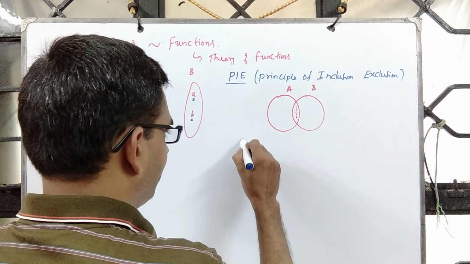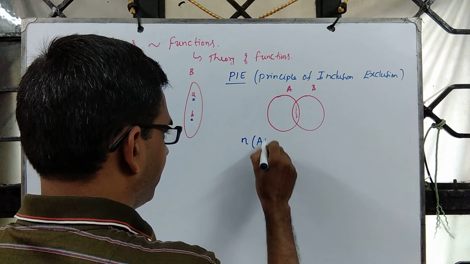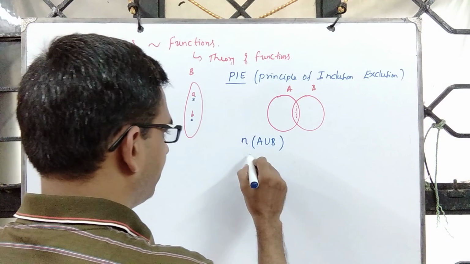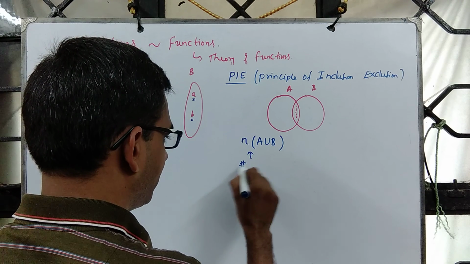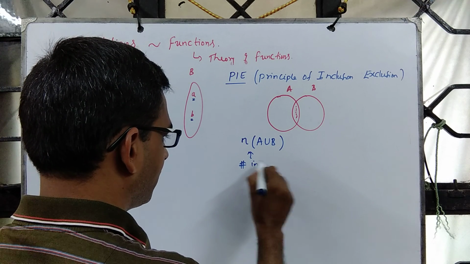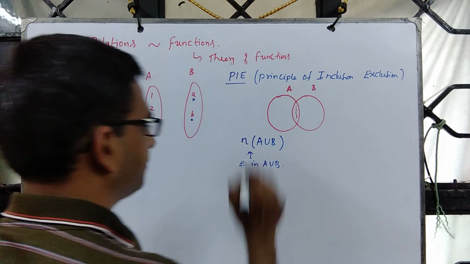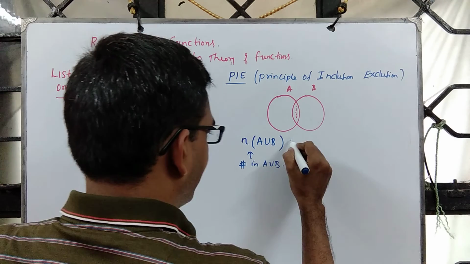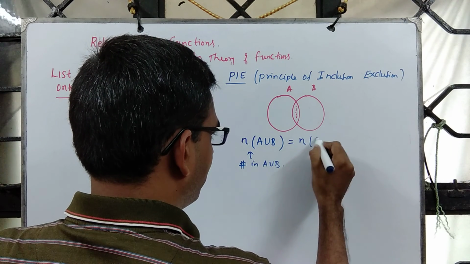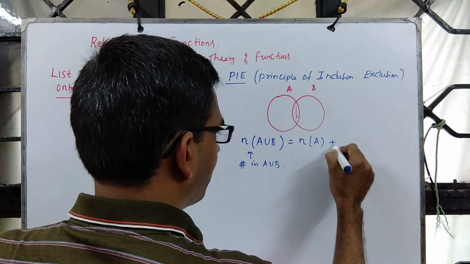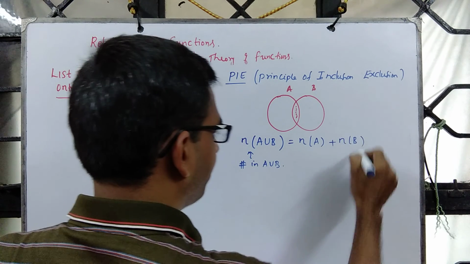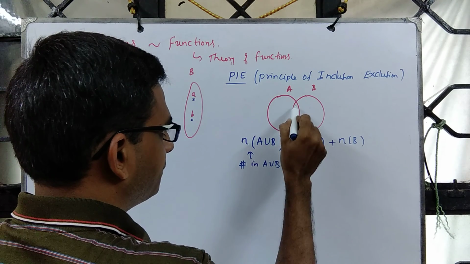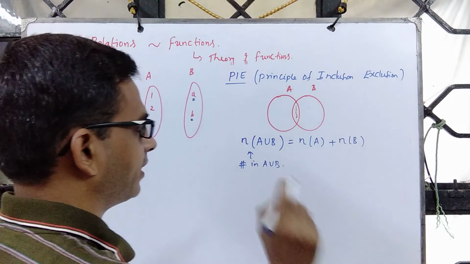So the way we count the set A union B: n of A union B represents the number of elements in A union B. We say that this is precisely the number of elements in A plus the number of elements in B. When we count A, the intersection is included.